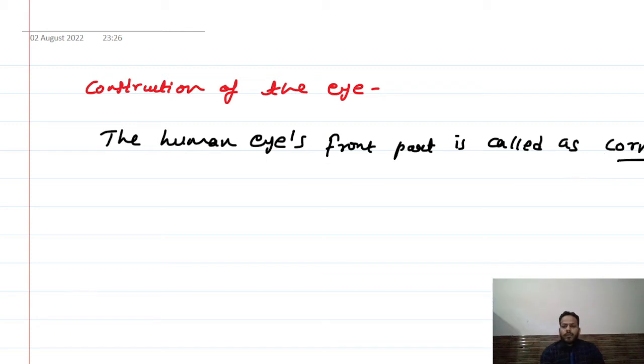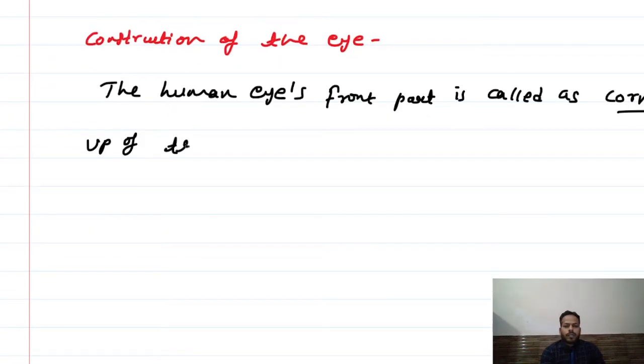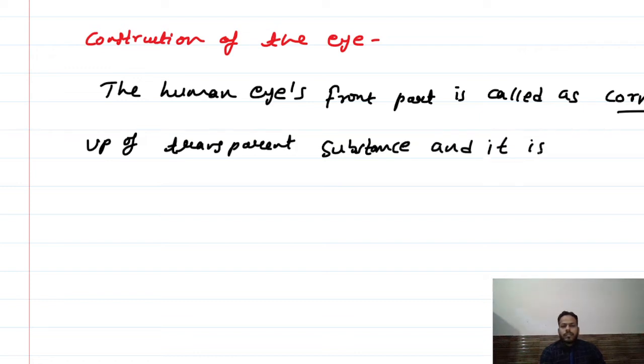And it is made up of transparent substance, and it is bulging out. बल्जिंग आउट कहने का मतलब होता है बच्चों कि जो ह्यूमन आई है, उसका जो कंस्ट्रक्शन है वो कैसा है, इस तरह से है कि वो ट्रांसपेरेंट सब्सटेंस का बना हुआ है. ठीक है. और जो फ्रंट पार्ट ऑफ ह्यूमन आई होता है बच्चों, उसको कोर्निया कहते हैं.